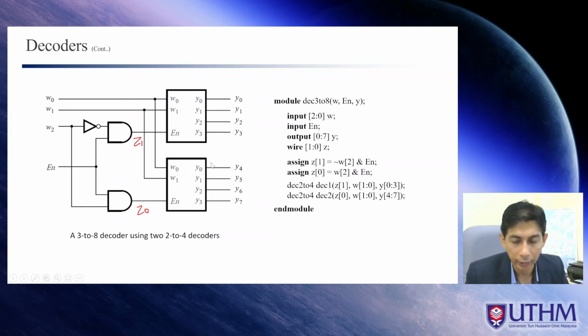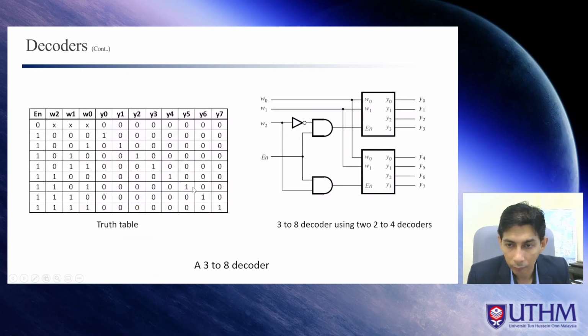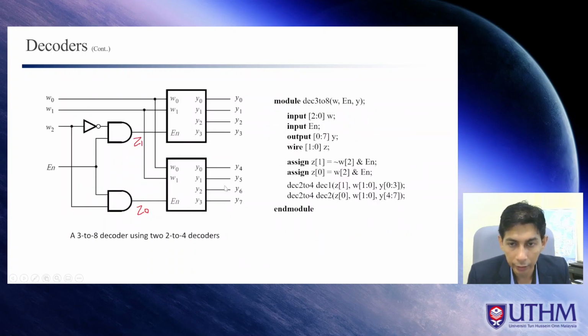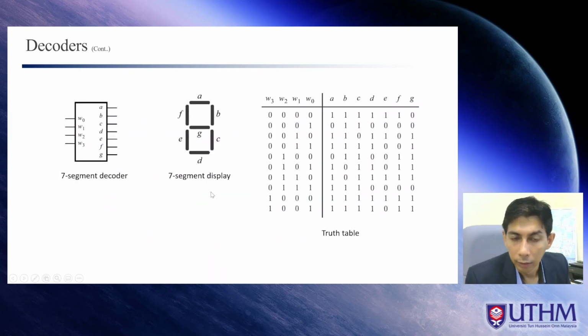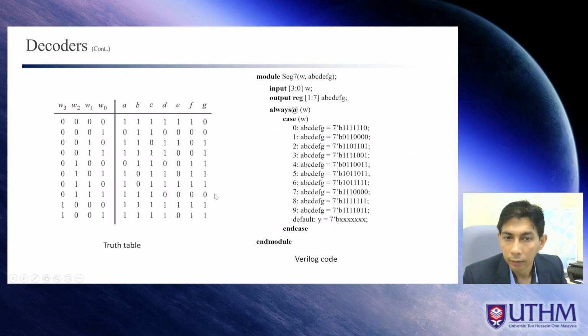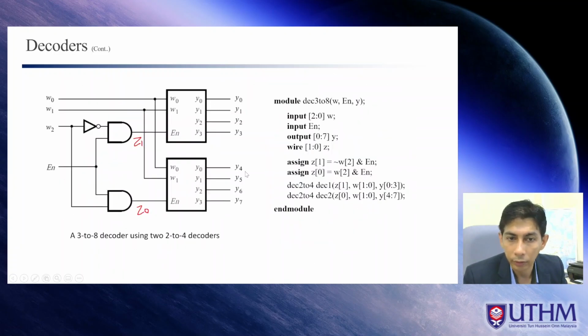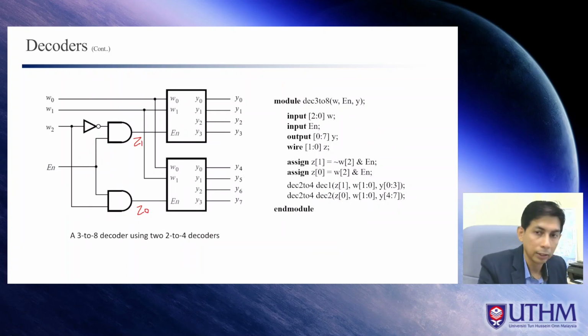Now we get the same circuit as this one. Yeah. So it will create the 3 to 8 decoder for you if you code this way. Okay, so that is 3 to 8 decoder, and of course you can have a bigger decoder, depending on how many inputs you have.